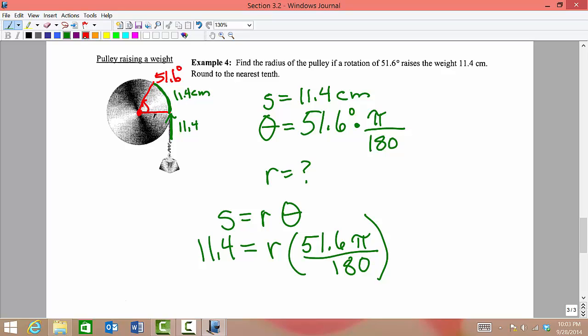Now we need to solve for r, so we're going to multiply both sides by the reciprocal of this fraction.